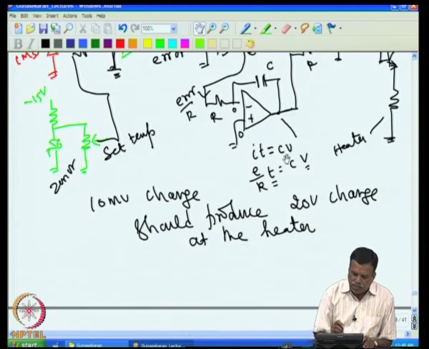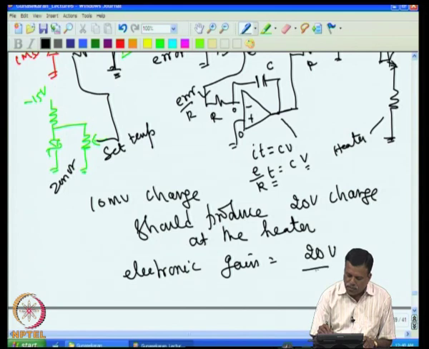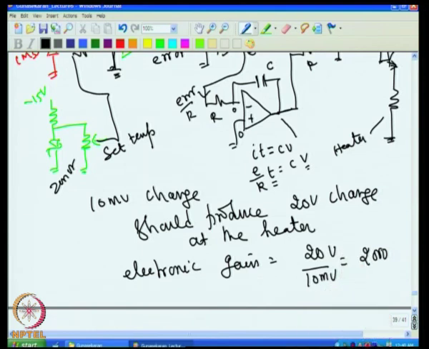If you work this out, the required electronic gain is 20 volt divided by 10 millivolt, that is equal to 2000. Essentially speaking, temperature gain of 100 is equal to electronic gain of 2000.